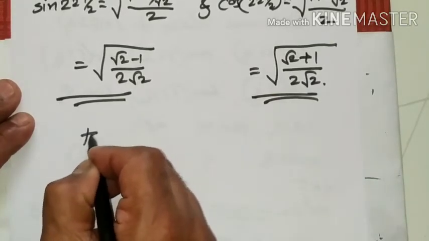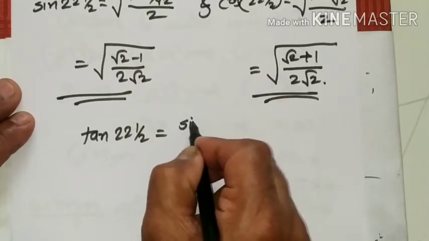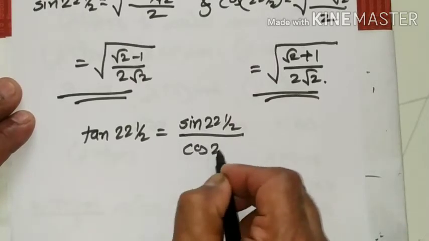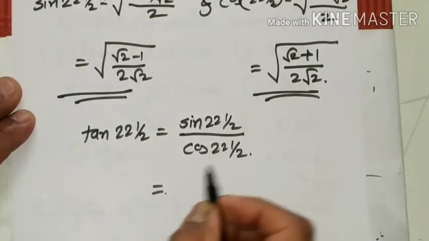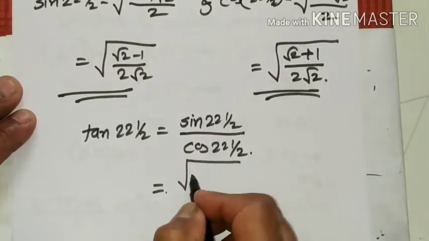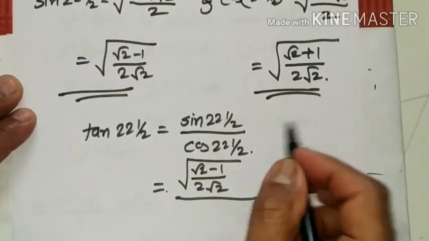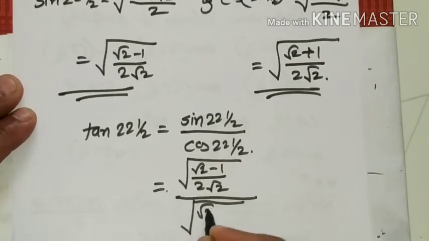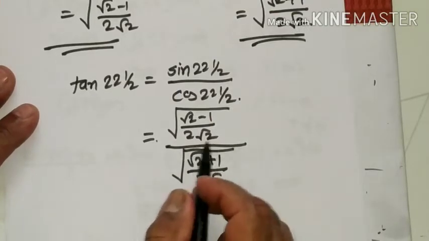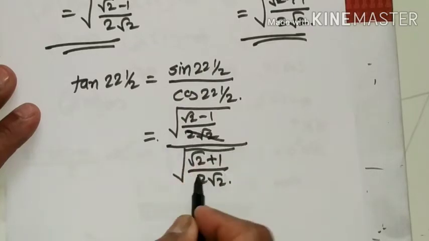Then tan 22 and half is equals to sin 22 and half divided by cos 22 and half, which is root 2 minus 1 divided by 2 root 2 whole divided by root 2 plus 1 divided by 2 root 2. Denominator of both terms is same, so cancel these two terms.